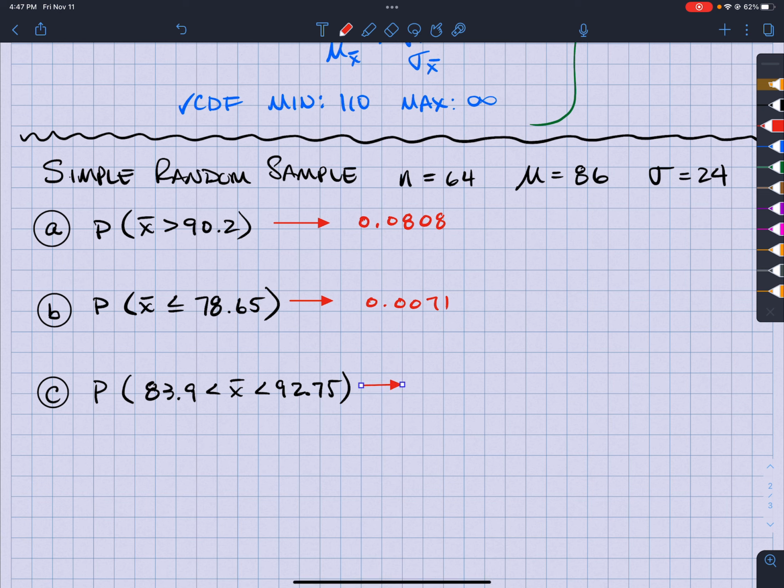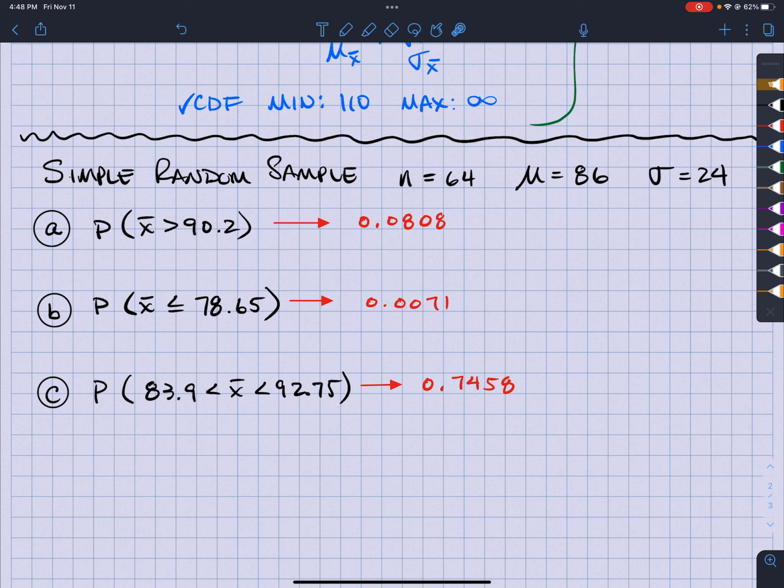And for between 83.9 and 92.75, you should get 0.7458. Now remember, these are probabilities, right? And the probability has to be between 0 and 1. So if you get something larger than 1, something's wrong, okay? Then you've probably found a z-score instead.